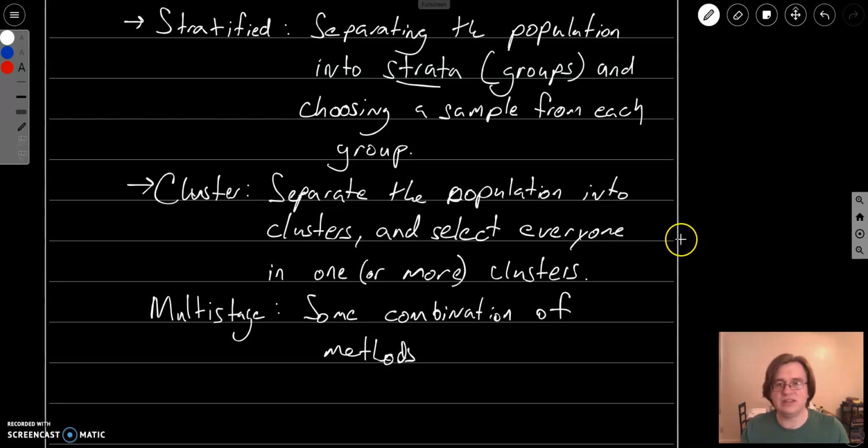This, again, will lead to some problems. When things are clustered, it's not necessarily going to be all that random, but again, out of convenience, maybe it's just easier to choose one group to study.